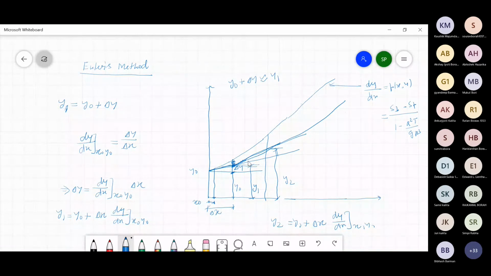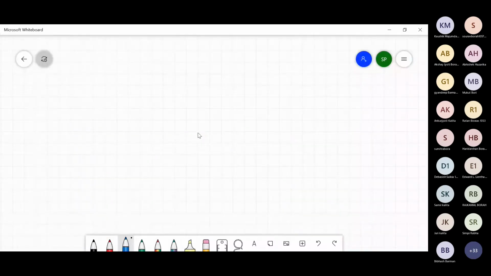Next, to minimize this error, the error because of this delta x, that means you are not considering this value, you have this value. To minimize this error, Euler's method has been improved. And how is it improved?